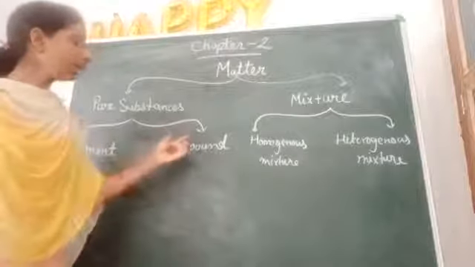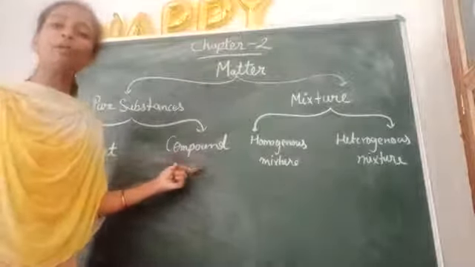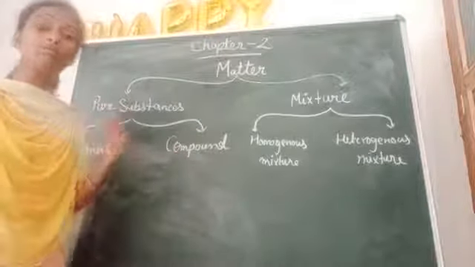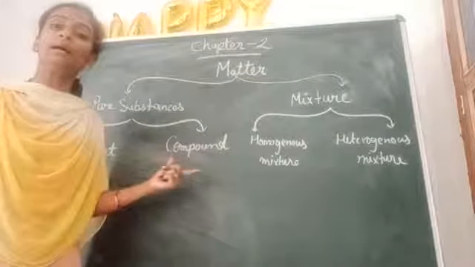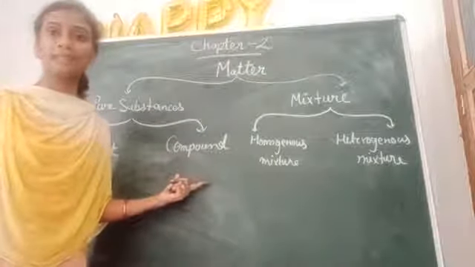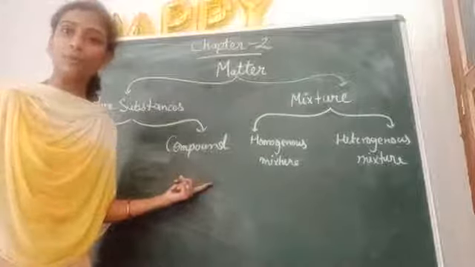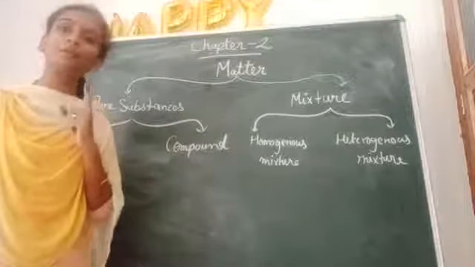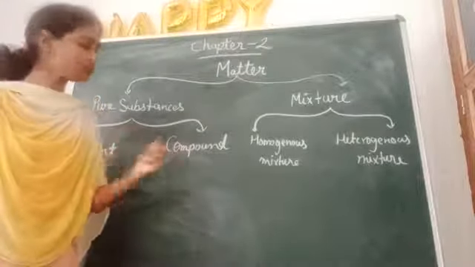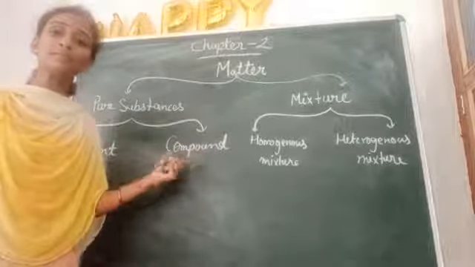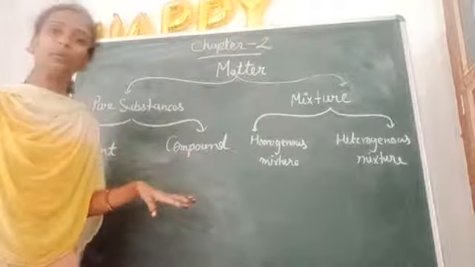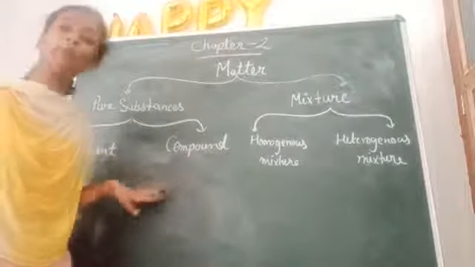When we talk about a compound, it is made up of two or more elements. For instance, H2O, the water molecule, is made up of two hydrogen and one oxygen. So substances made up of more than one element are known as compounds, but they are pure. Why?